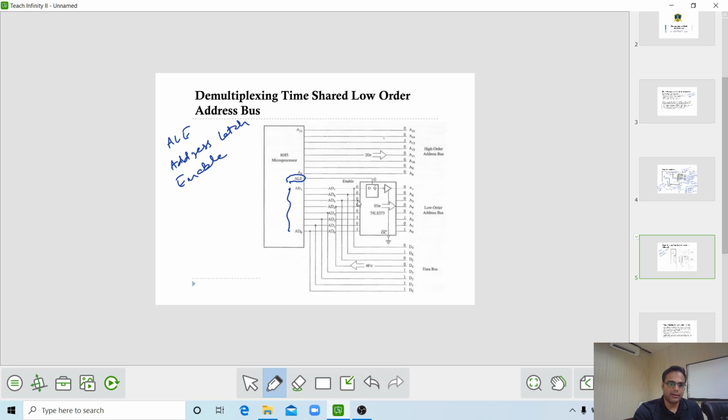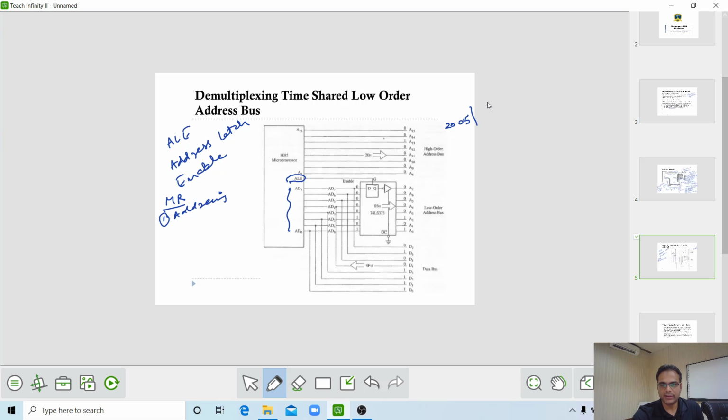In the earlier example we have seen that memory read takes place in 3 steps. We will repeat the same concept here again to understand how time sharing buses work. Number one is addressing.